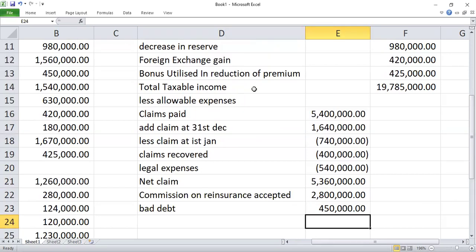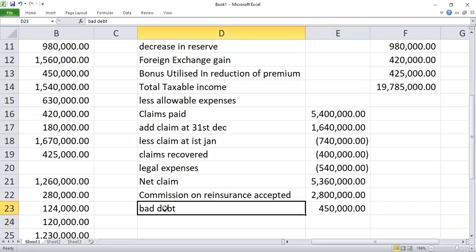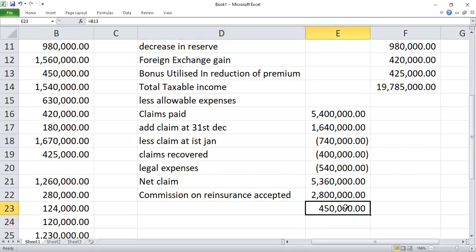But in the additional information, we have been told bad debt relates to compensation due from an insurance company under receivership. So we can just ignore that bad debt because it's relating to a receivership company. We just disallow that.